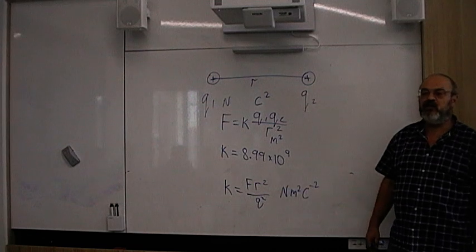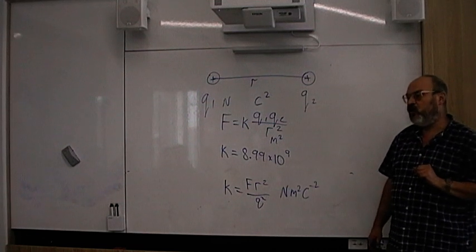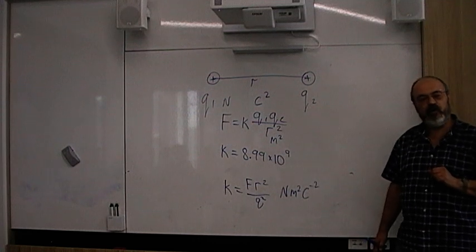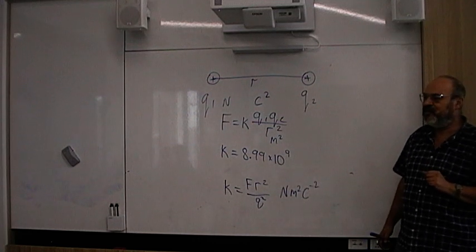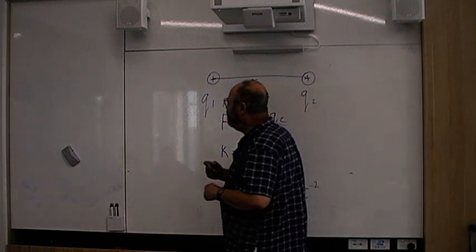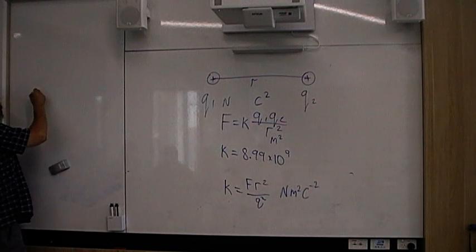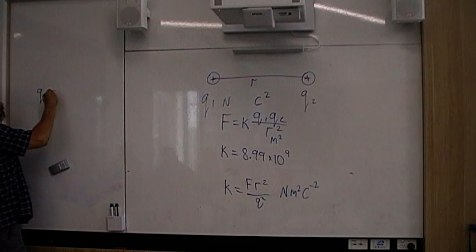So let's calculate. Is one Coulomb a big charge or a small charge? I don't expect you to remember, but who remembers what the charge of the electron is?